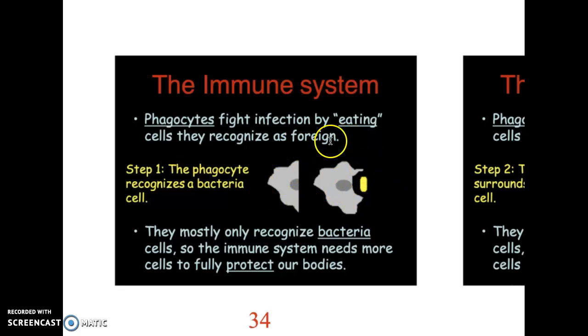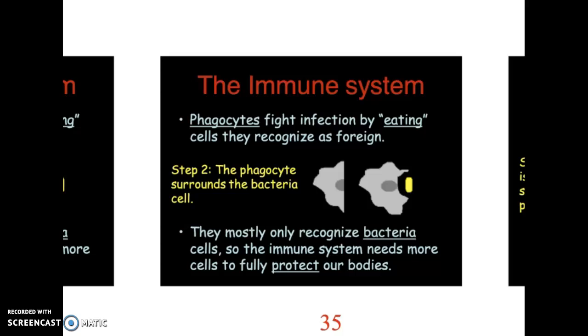Now, the first step, as you can see here, is that it recognizes a bacterial cell. It sees it and it says, oh, that's a bacterial cell. Then, step 2, it would surround the bacterial cell. It would literally surround it from all sides. These cells are very flexible, right? Phagocytes are very flexible, so they blob around and surround the bacterial cell.